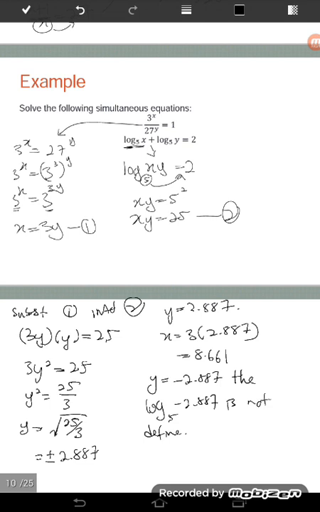The number inside the log cannot be negative. Because here there is a negative, it cannot be defined. So therefore for this one we didn't take the answer. So therefore we have the answer x which is equal to 8.661 and y is equal to 2.887.